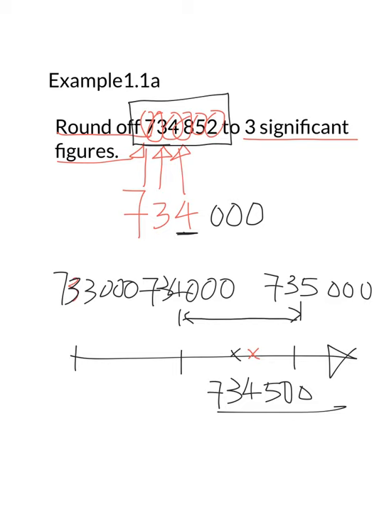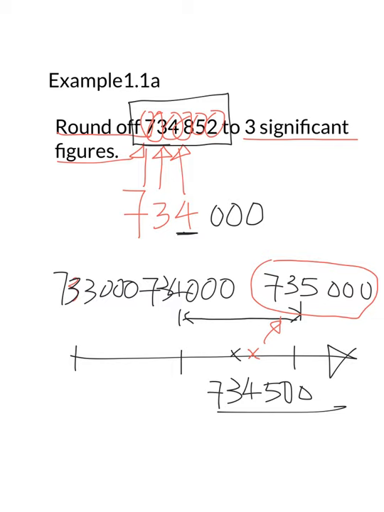So is it closer to 735,000 or closer to 734,000? It seems that it is nearer to 735,000. So besides considering the significant figures, we also need to consider which number is better to represent it.